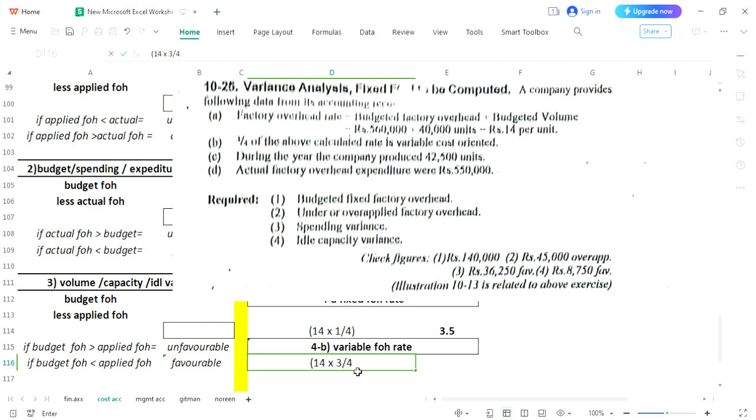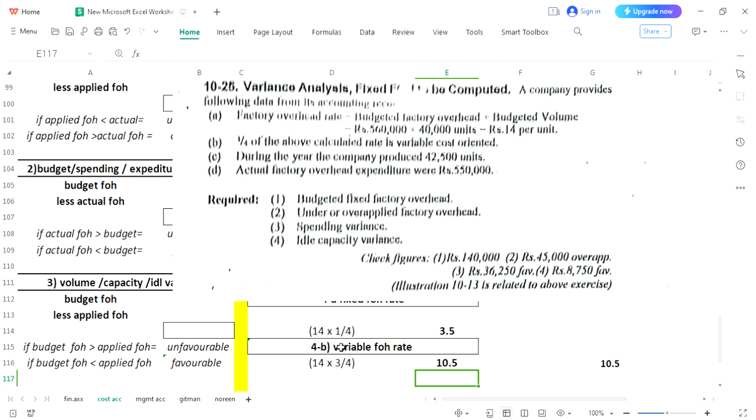This way you can calculate your variable FH as well. Let's put it on the calculator. 14 multiplied by 3 divided by 4. So you have got the amount 10.5. You can write 10.5 over here. So both rates are calculated, but here we haven't used any formula.